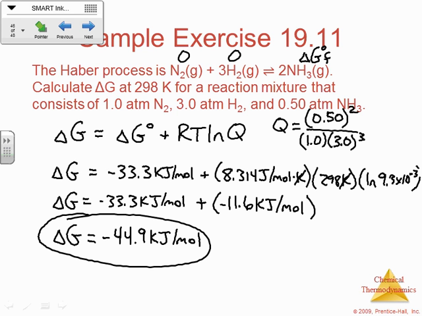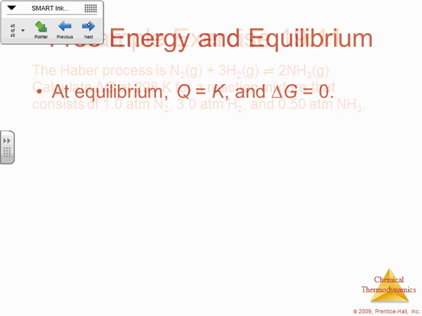So you compare those two, and you can see my delta G under these conditions is actually more negative. So it's more thermodynamically favorable in the forward direction, which is what we would expect. This is kind of telling us which direction this is going to shift to get to equilibrium, right? Okay, so you can see how those are related to one another.